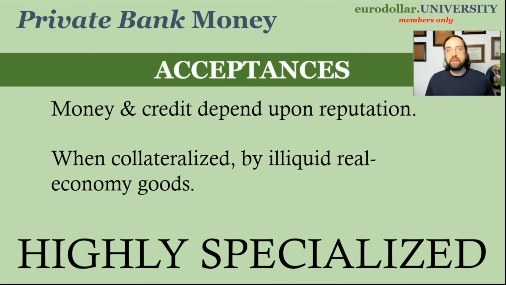It was about reputation, about standing in the Eurodollar market, and collateralized by these illiquid real economy goods, what that meant was you had to defend your reputation, which means you had to stand behind your acceptances no matter what. Given that the collateral could be problematic, assuming there was collateral anyway, because a lot of these acceptances are unsecured, you had to be highly specialized.